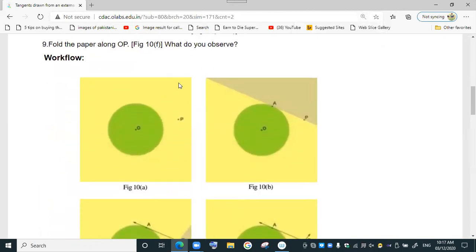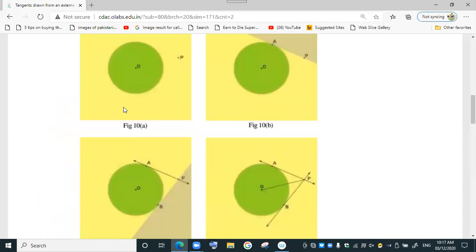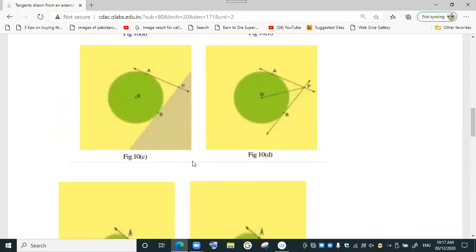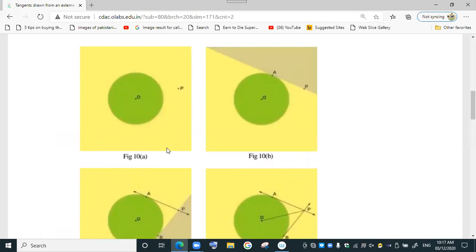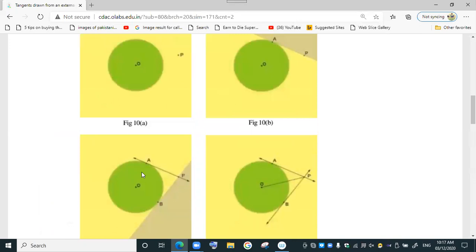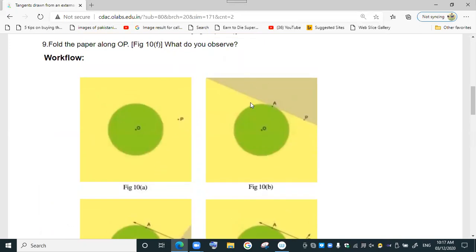Take one rectangular sheet, cut one circle and paste it. This is O, and take a point P outside.